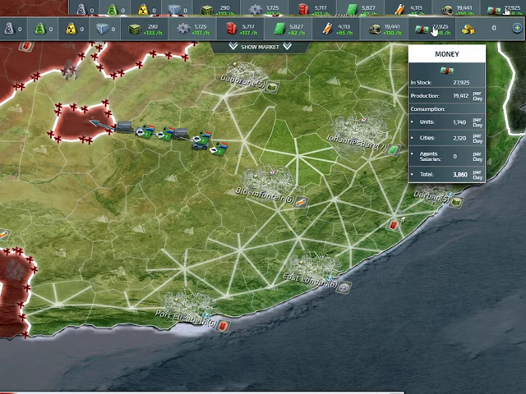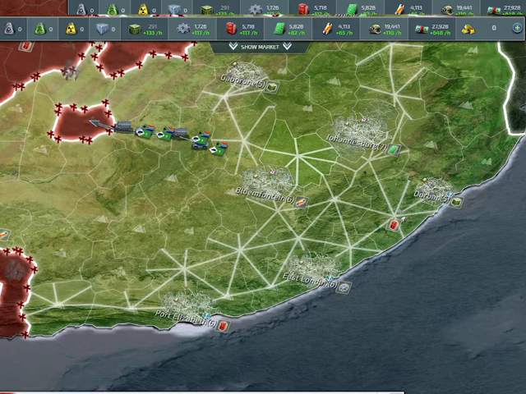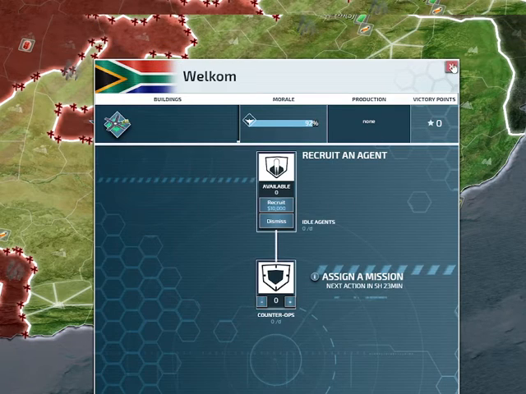Money: stock, production, units. This is paying central salaries, and that is 1,740. Cities 2,100. That's their upkeep and municipalities, blah blah blah. This is where it gets tricky: agent salaries. This is when you recruit spies, so we're not going to get into that.